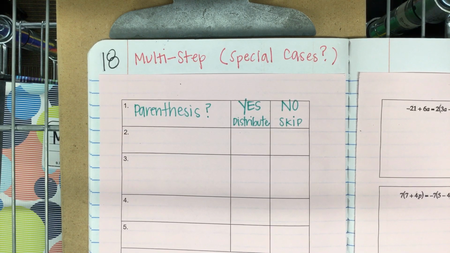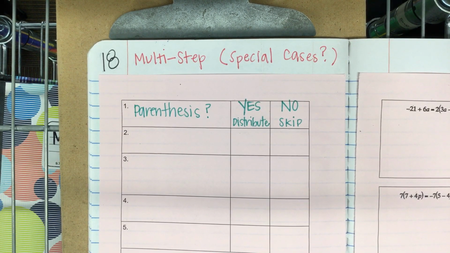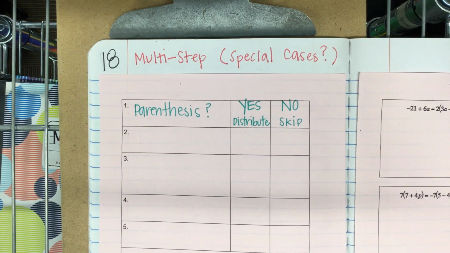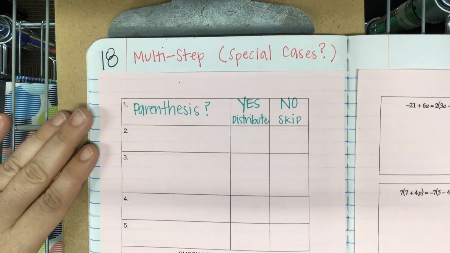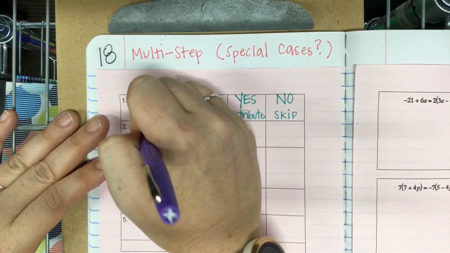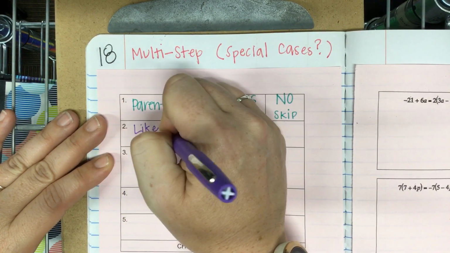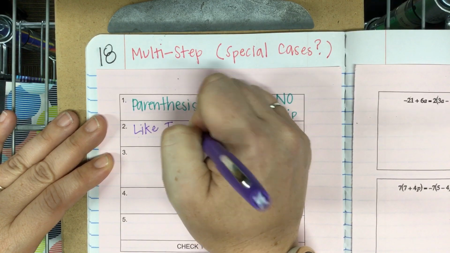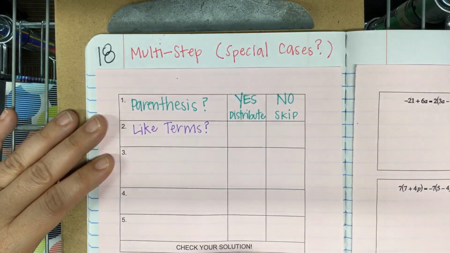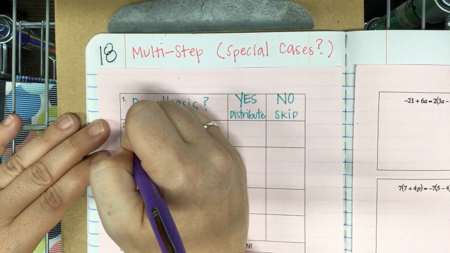After we ask, are there parentheses, and we either say yes or no, what's the second thing we ask ourselves? Are there like terms? And remember, let's put a little disclaimer down here.